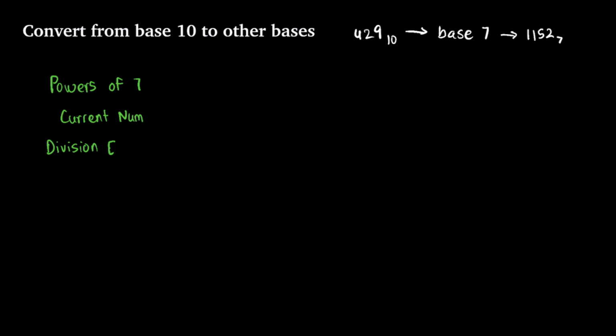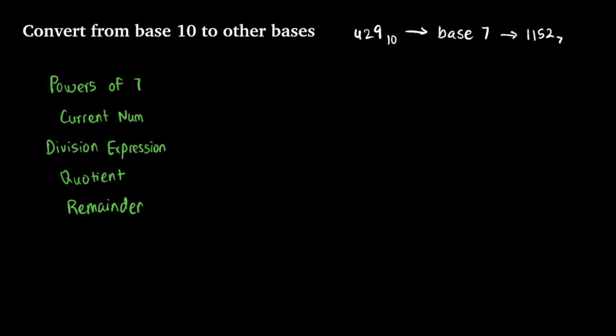And then we're going to have a quotient from our division. So we'll just divide two numbers. And then we'll find the remainder of that division. Alright, so now that we've written all this, let's explain what each of these mean.